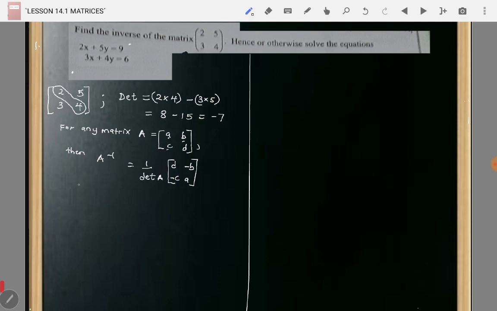Likewise, the inverse of 2, 5, 3, 4 is also given in the same way. We take 1 over determinant. Our determinant is 7 and it is negative.